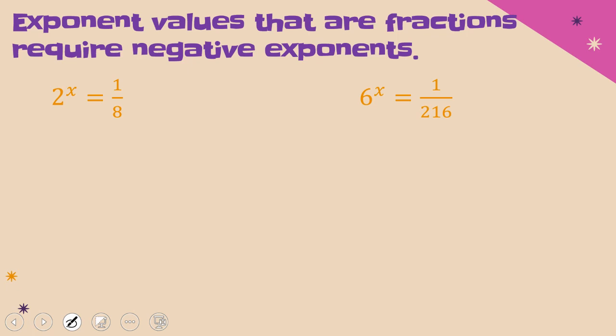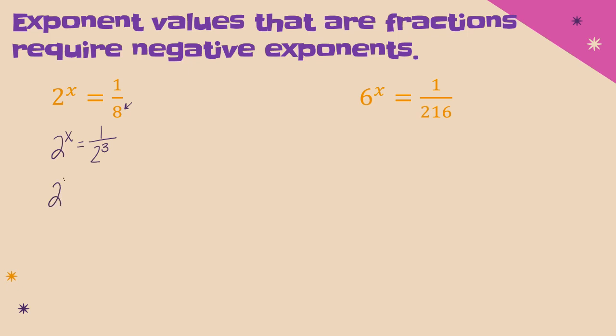Now, when we have fractions, that means that we're dealing with a negative exponent. So my base here is 2. I'm going to look on my exponential values chart in the 2 column, and I'm going to find the 8. And I'm going to see that 8 is equal to 2 to the third power. Now here's where the negative exponent comes in, because this is hard to solve with a fraction.